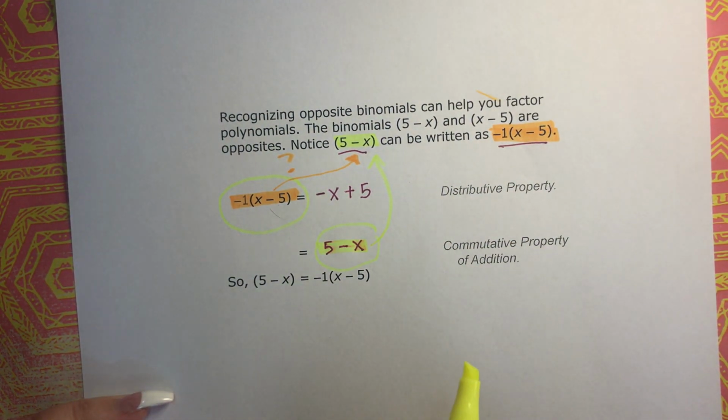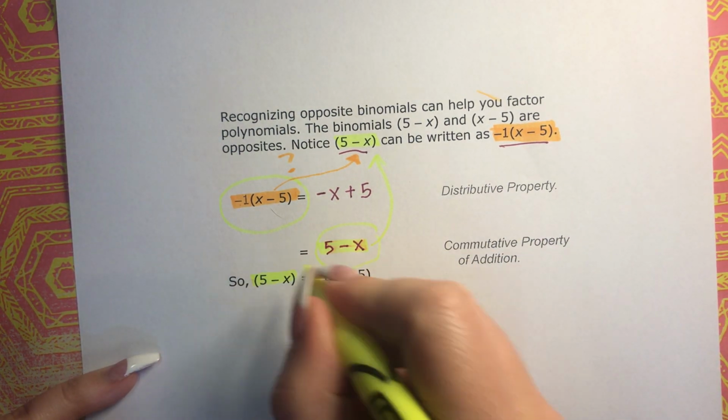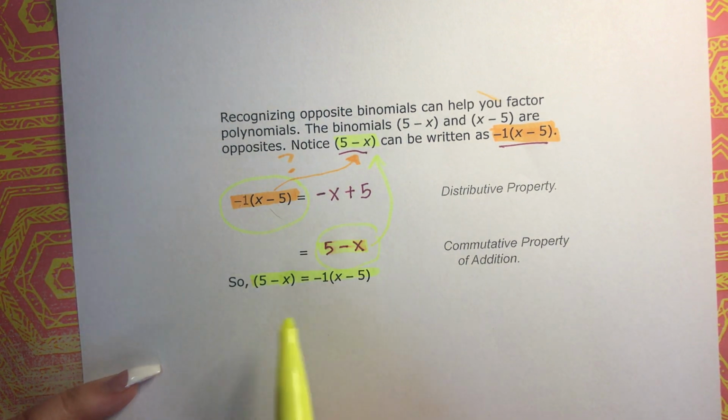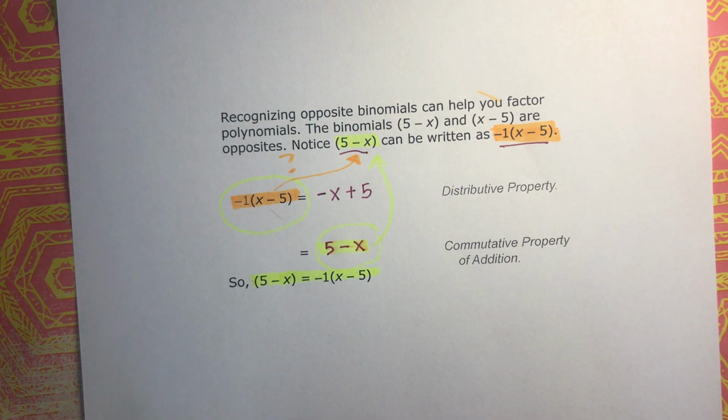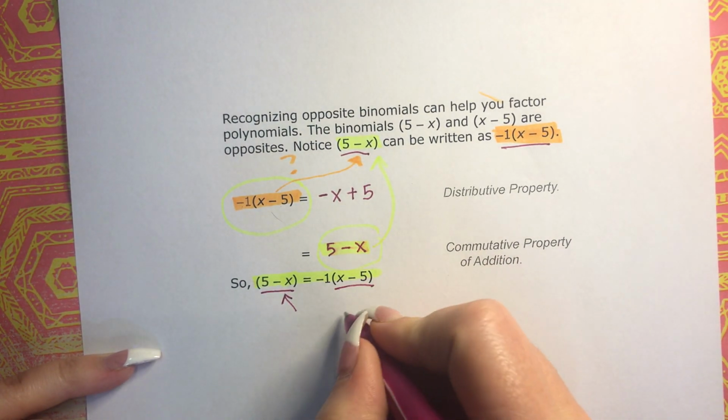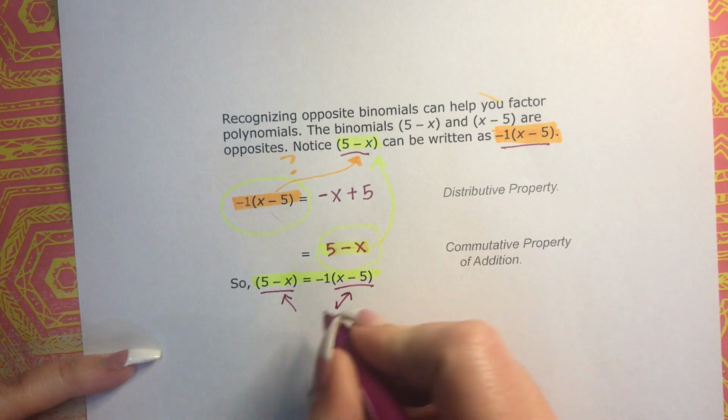So basically, 5 minus x, what we came up with, is the same thing as negative 1 times x minus 5. Now, this is really super important because what you have here and here, those are opposites.